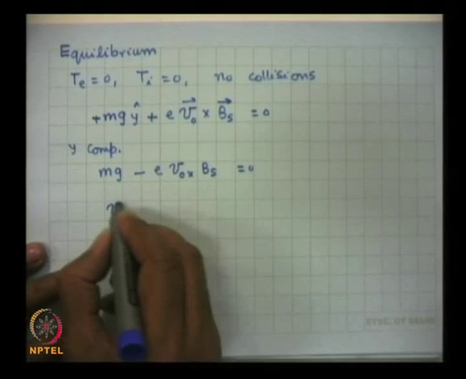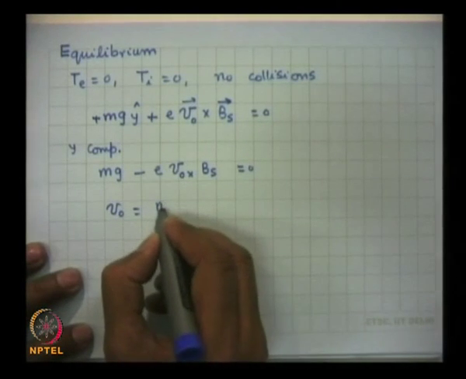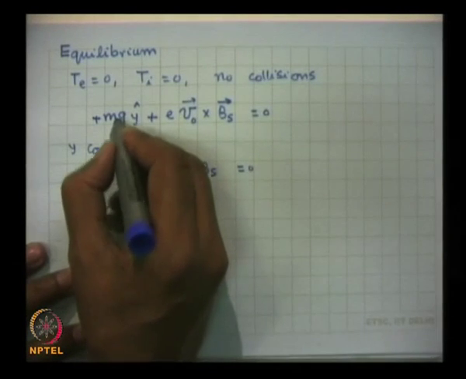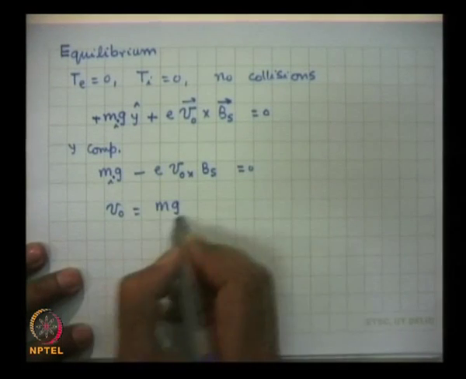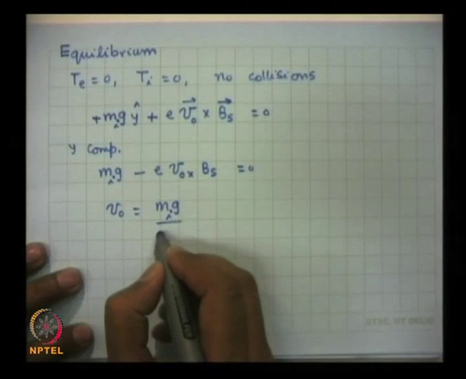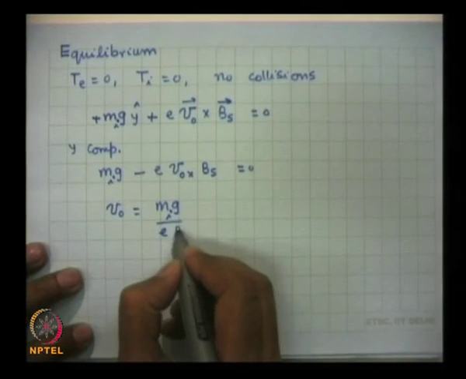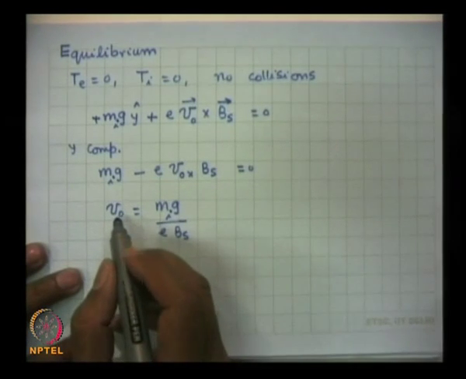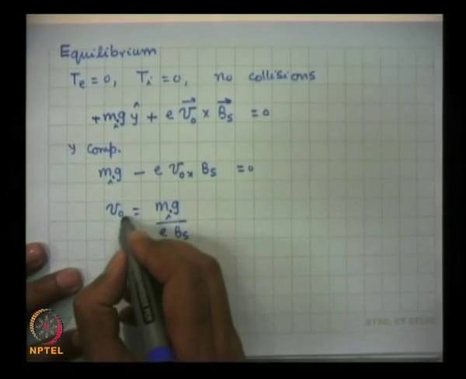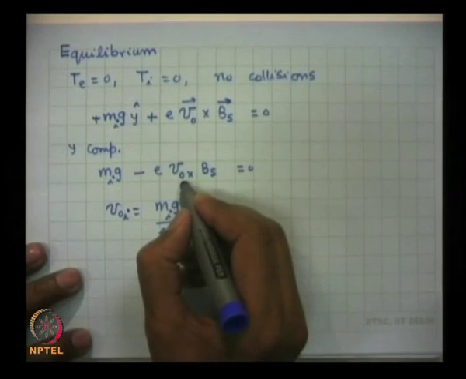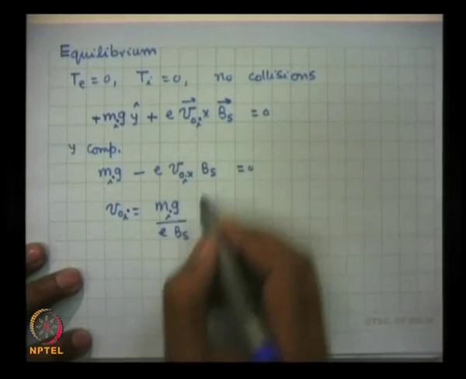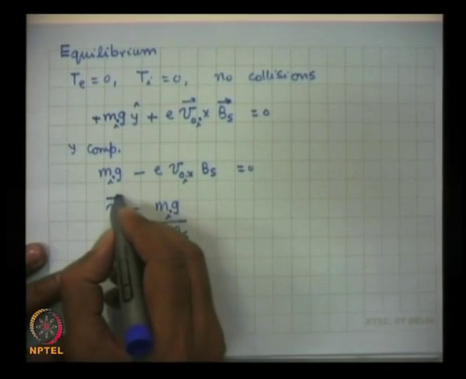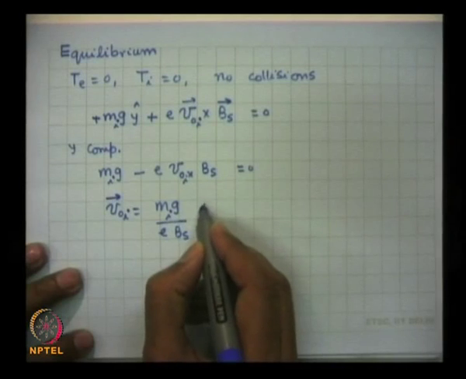So, you get V0 equal to mg upon e Bs, and this is ion motion I am considering, so put an ion mass here. This is the equilibrium velocity of ions, and put a subscript i here because I am considering ion motion. So, the ion drift velocity is in the x direction.